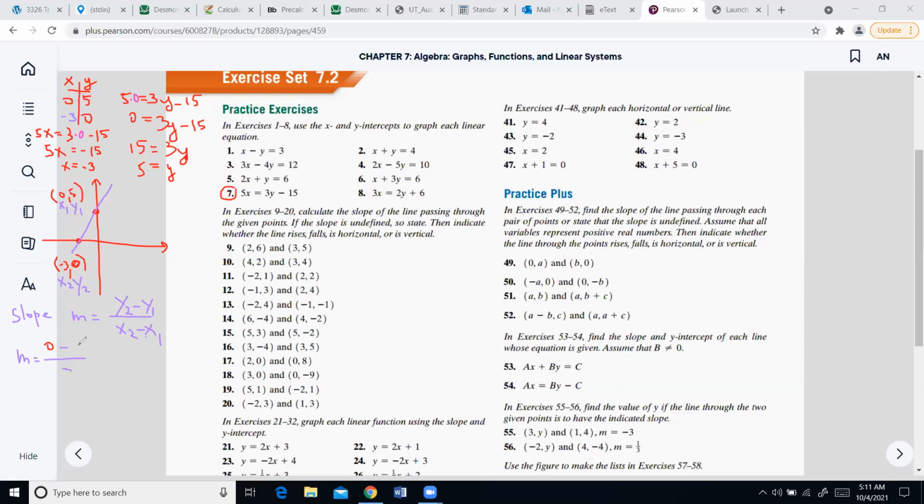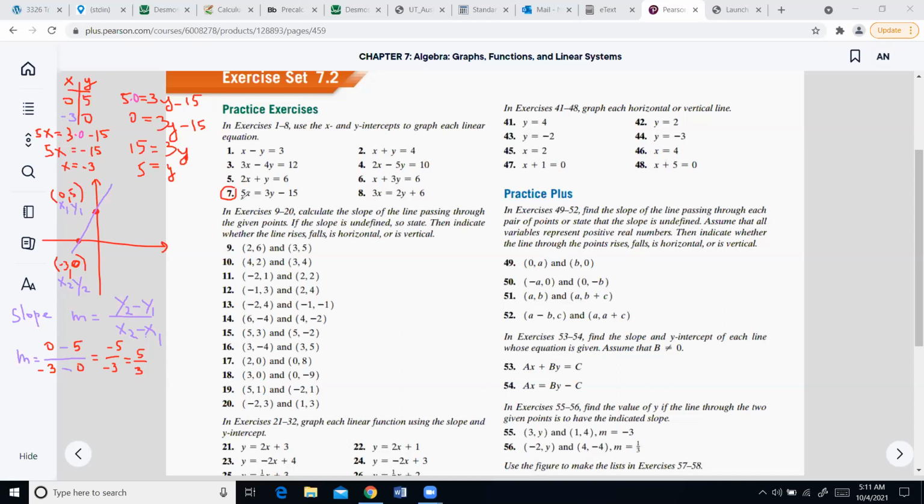And 5 is y1. So y coordinates I subtract in the numerator of this fraction, and x coordinates I subtract in the denominator. So it's negative 3 and 0 that I subtract on the bottom. And this leaves me with -5 in the numerator divided by -3 in the denominator. So it'd be 5/3. And this is my slope, 5/3.